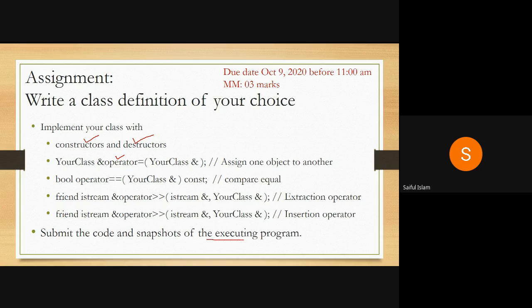For the snapshot, you must write a comment or a cout statement in each and every member function. It means: this is a constructor, this is a destructor, this is an assignment operator, this is an equal operator, and overloading insertion operator, overloading extraction operator. Write these statements within your functions. When these functions are executed, they will be printed on the screen.